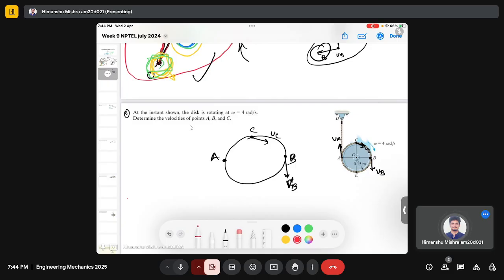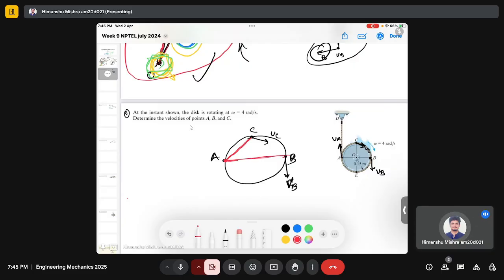If you try to find the position vector with respect to A for both C and B, it should be normal to the velocity vector, this, and this should be normal to the other. When you draw the position vector between A and B, that vector should be normal to VB, this one, and it is actually meeting here.